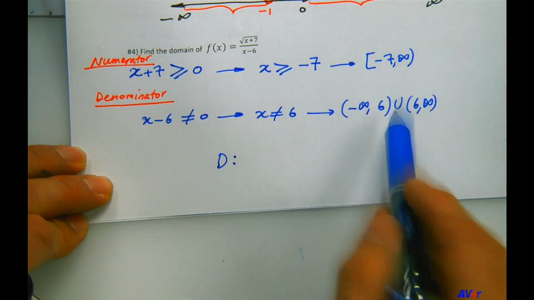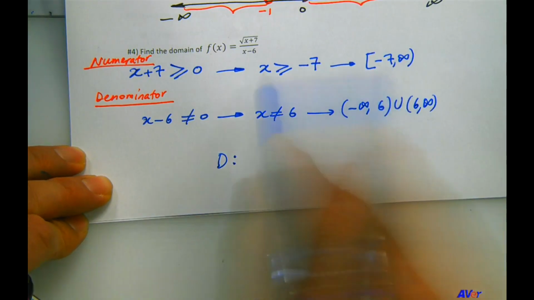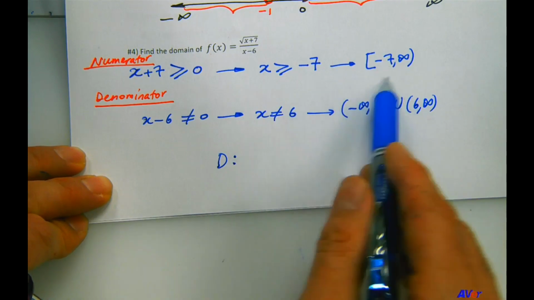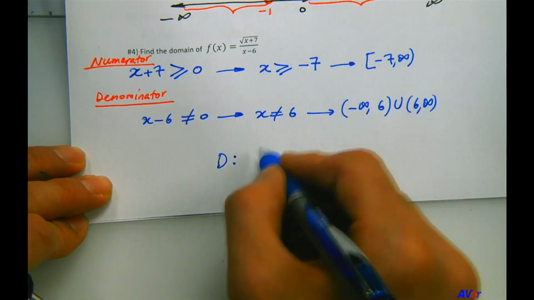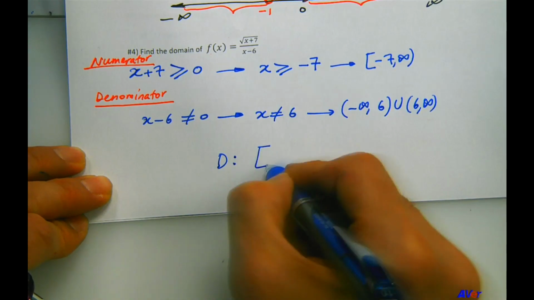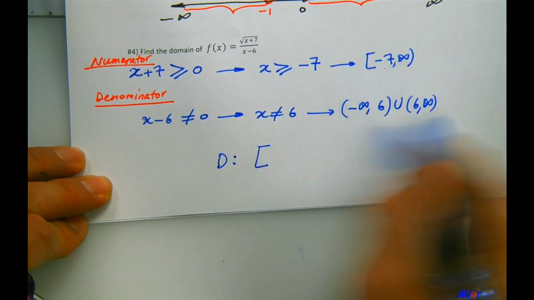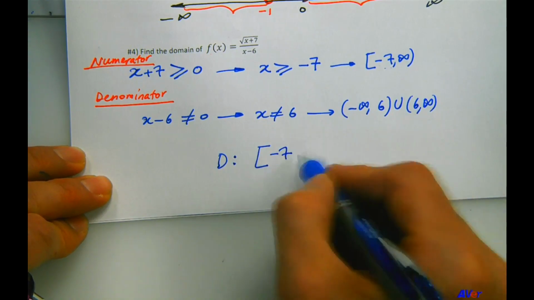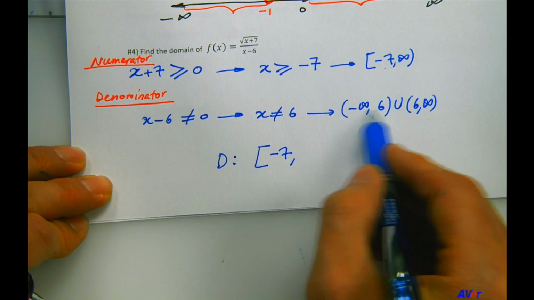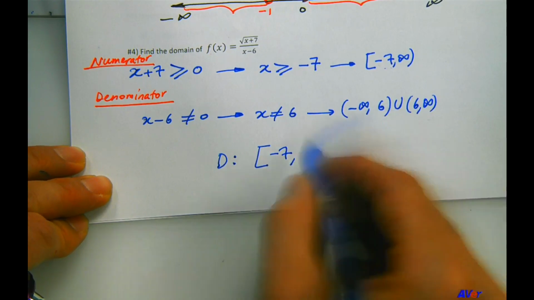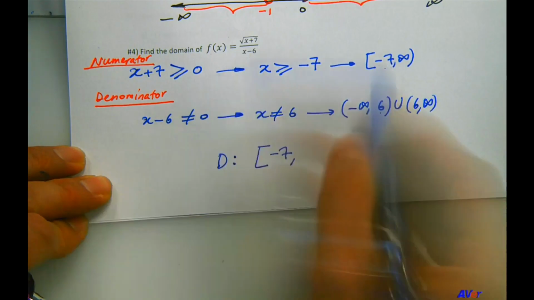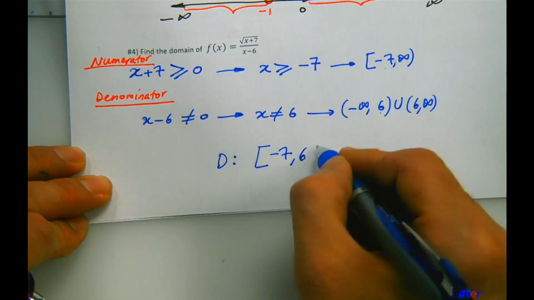So let's see. For the numerator, we cannot have any negative number below -7. So we have bracket -7, take the intersection of this with these two, right? Comma 6. 6 cannot be part of the denominator, so comma 6.